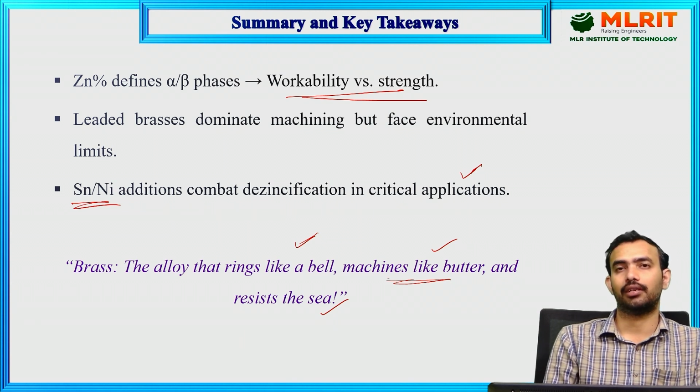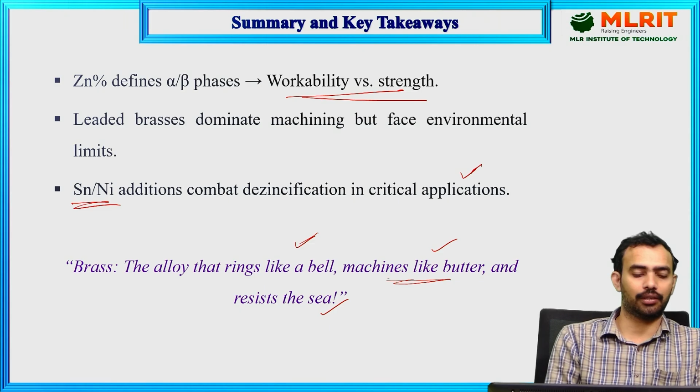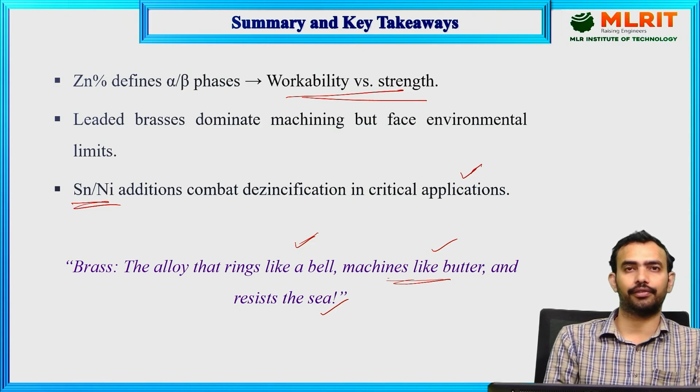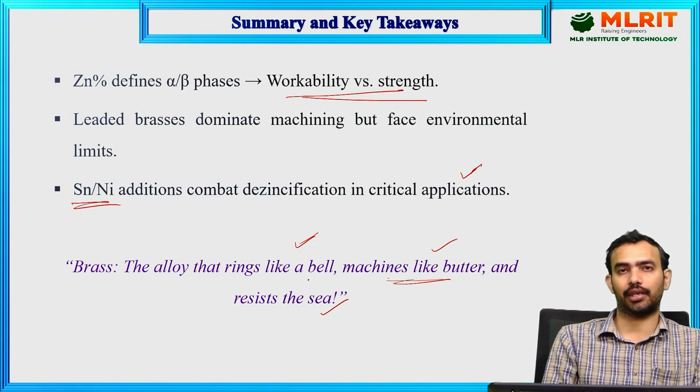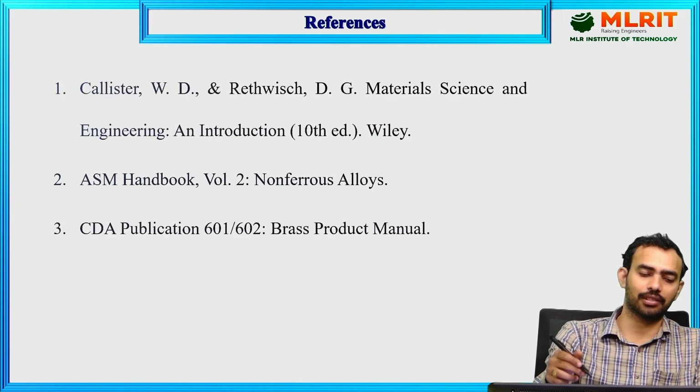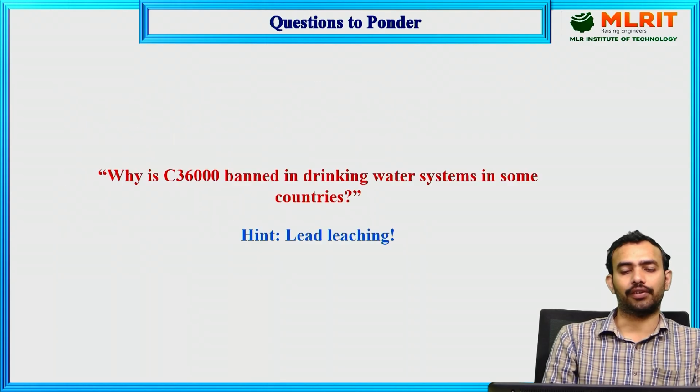It will machine very smoothly. That's why brass is an alloy that rings like a bell, machines like butter, and resists the seawater. These are some of the references that we have used.